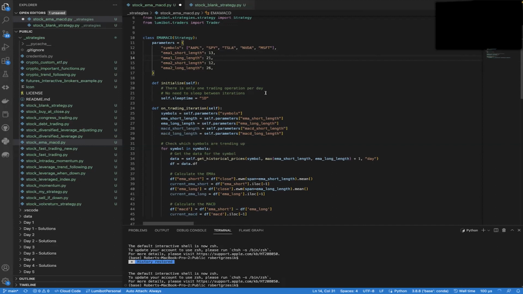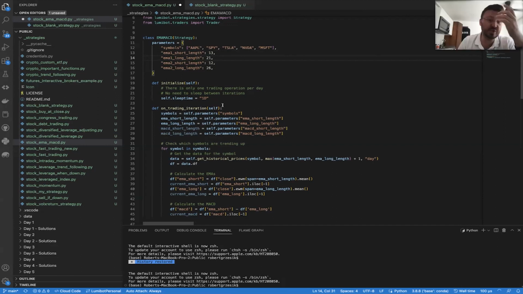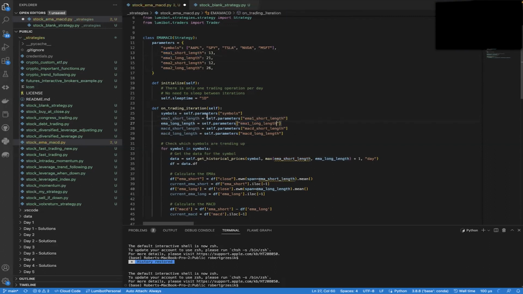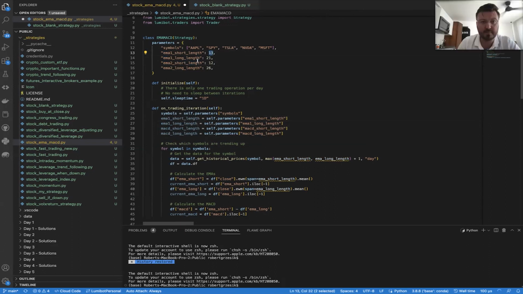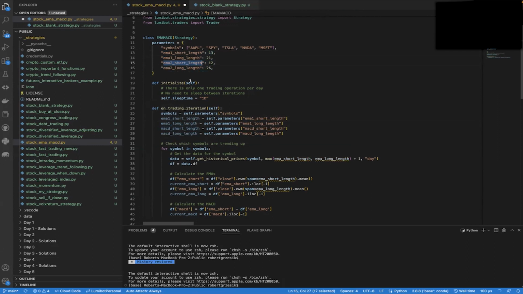We can adjust these very easily later on anyways, right? The fast line was 12. The slow line was 26. Yep, that's for the MACD. And the other EMA was 32.